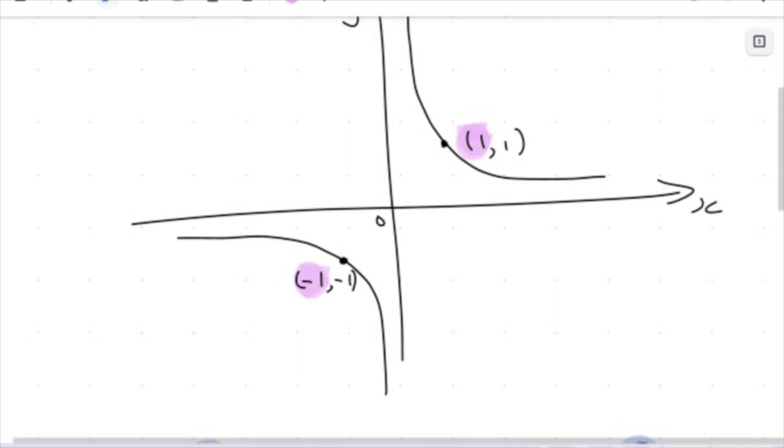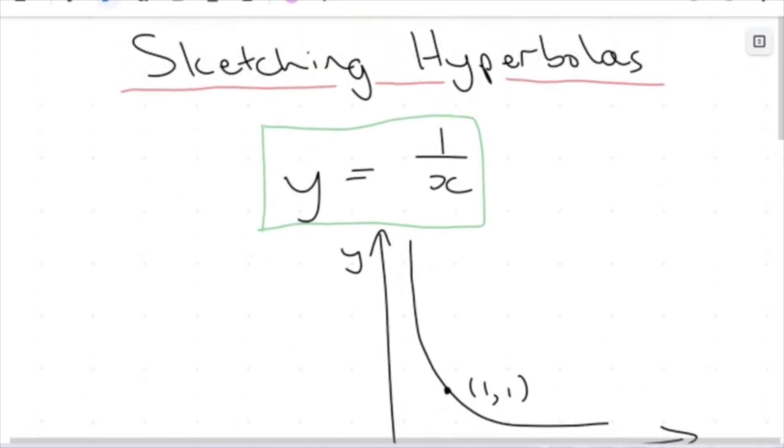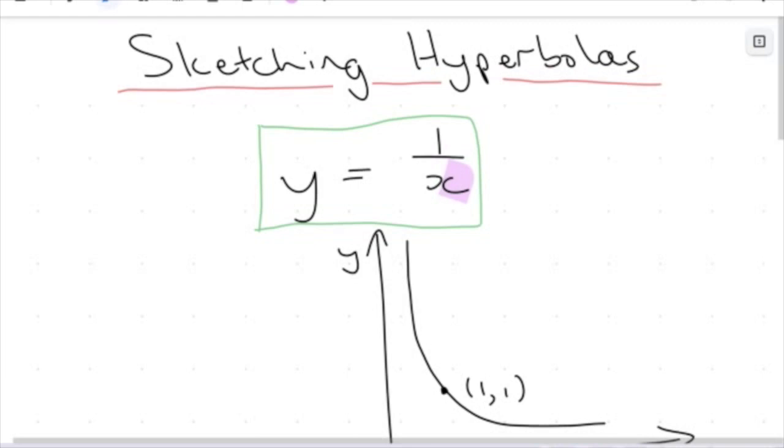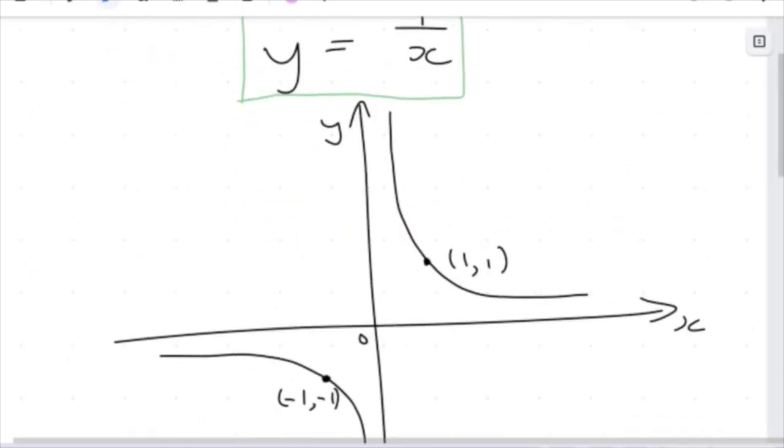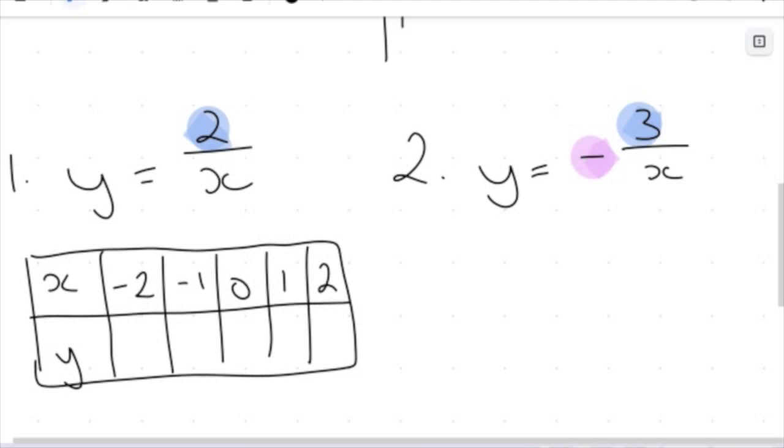This will give us an idea of the scale of this particular thing and how it changes relative to our standard hyperbola we introduced in the last video. Okay, so let's try some points from -2 all the way up to +2.